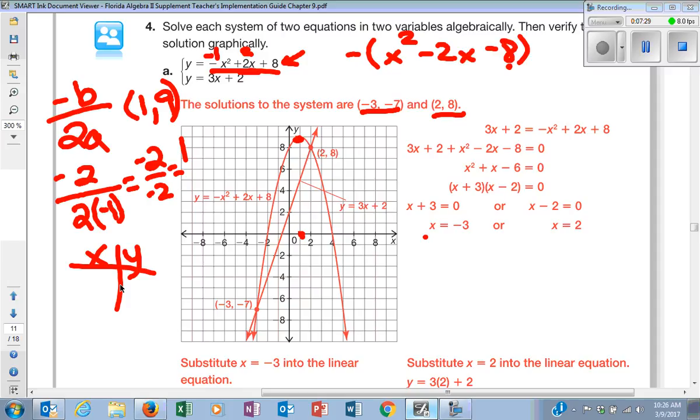Two numbers that multiply to 8, but add to this. My factors in my bubbles are going to be, oops, not negative, that's negative. X minus 4, X plus 2, which tells me that my x-intercepts are 4 and -2. And if you look down here, 4 and -2, that's one way I can graph this.